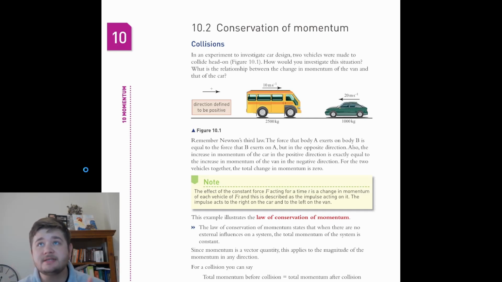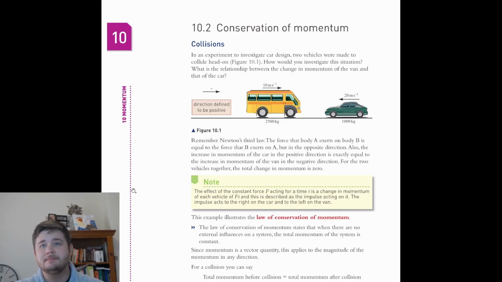However, the entire system's momentum remains unchanged, and we find that the combined mass of these two vehicles will be moving to the right at 1.43 meters per second. This illustrates the law of conservation of momentum.